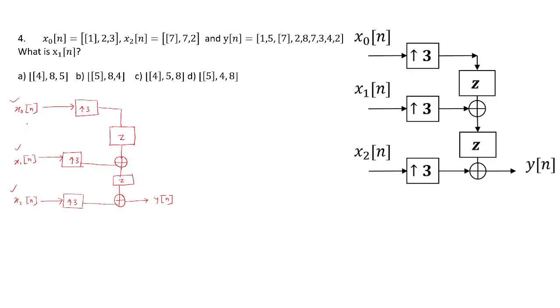So what I'm saying is that we have three different input sequences. We are passing them through different filtering processes, like upsampler blocks and advance operators, to obtain a new signal y of n. So basically you are synthesizing this sequence y of n by combining different input sequences given as x0, x1 and x2. So this is a synthesis filter bank.